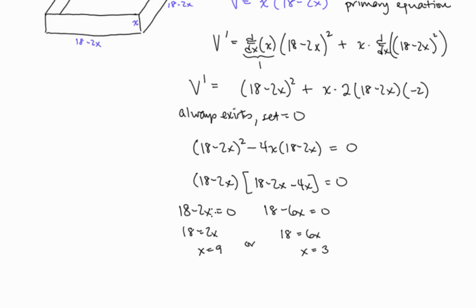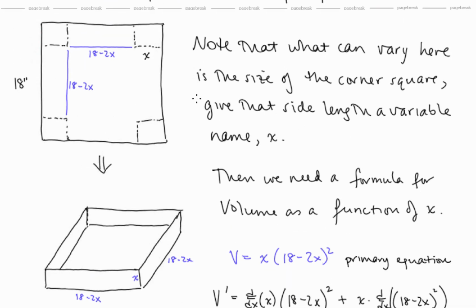So that can't be a solution. So let's take a look at x equals 3. Is that reasonable? If x is equal to 3, we're starting with 18 and we're cutting out 3 on each side. So we're going to have 18 minus 6. We're going to have a base that is 12 by 12. And yeah, that sounds reasonable. So probably that's our solution.